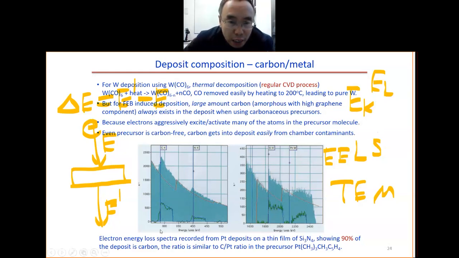For the case of carbon, the K shell energy you need is 285 electron volt. You lose 285 electron volt to kick out this K shell electron.